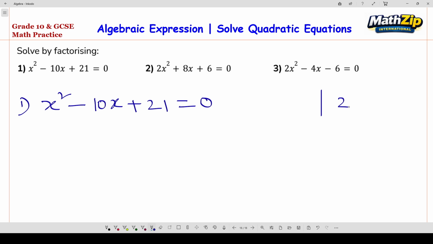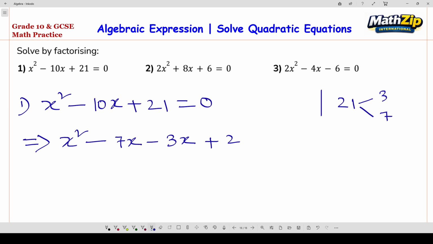For this 21, we have to find two numbers which, when multiplied, give 21, and when added give 10. It means 3 and 7, right? So we can write x square minus 7x minus 3x plus 21 equals 0.